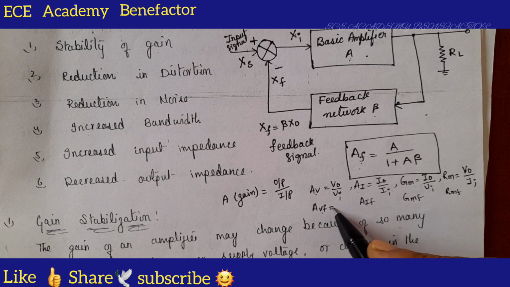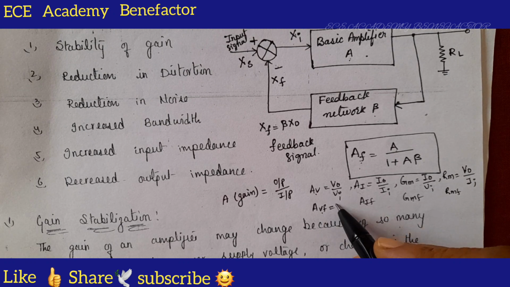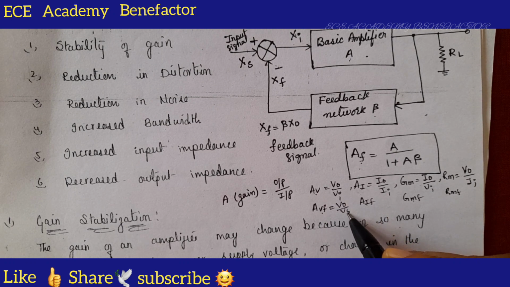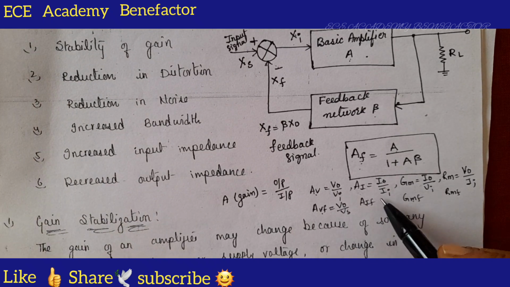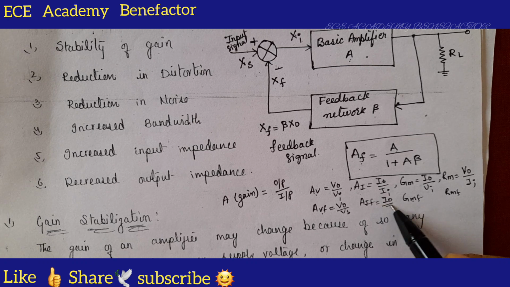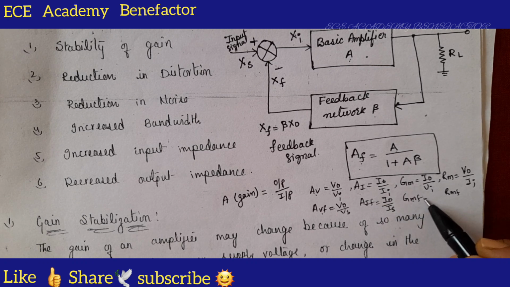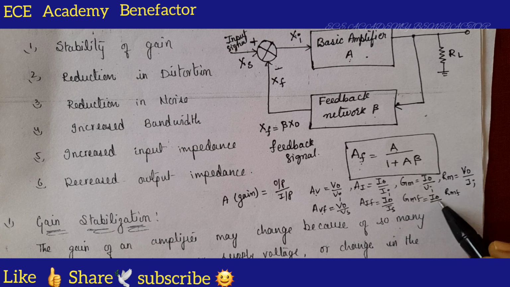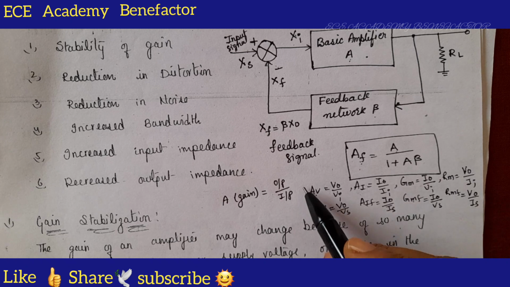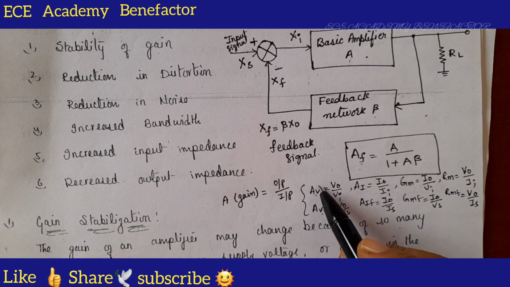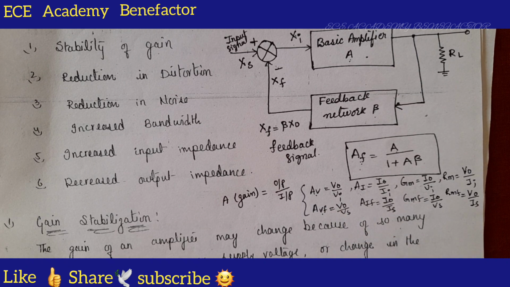Now, the equation for AVF will become V naught by Vs. So, this I will change to S and AIF will change to I naught by Is and GMF will be equal to I naught by Vs and RMF is equal to V naught by Is. So, in this way you are having gain without feedback and gain with feedback.